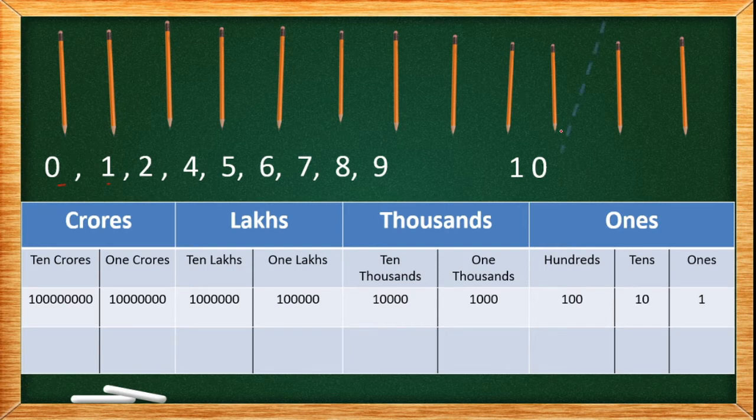So we will group together all the 10 pencils and it becomes one group of 10 pencils, and that one we will write in the tens place. And the remaining, how many do we have? 2 pencils. That 2 we will write in the ones place.